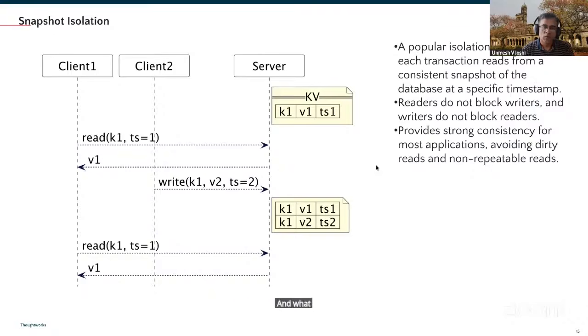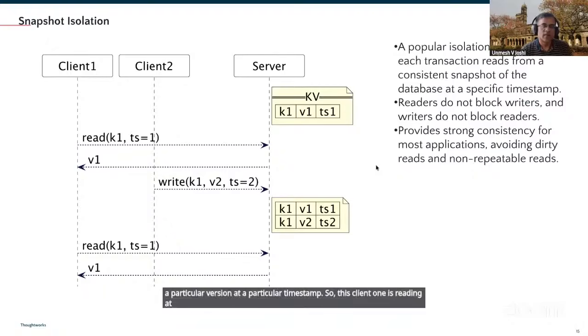And what it allows you to do is, if another client is reading that particular key, you say that that client is reading a particular version at a particular timestamp. So this client 1 is reading at timestamp 1.